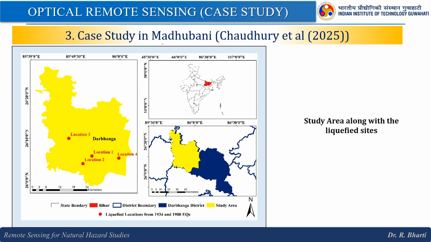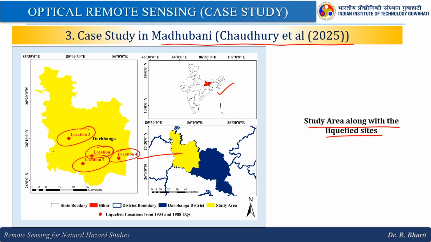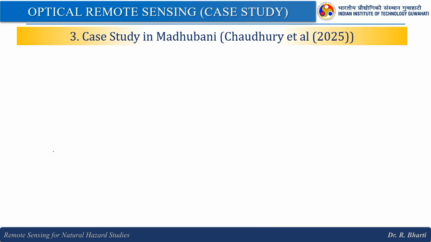So, this is another case study from Madhubani, right. So, here you can see the study area along with the liquefied sites. So, this is India and here you can see this is Darbhanga, and here you can see zone 1, zone 4, zone 2, zone 3 for the liquefied sites, right.